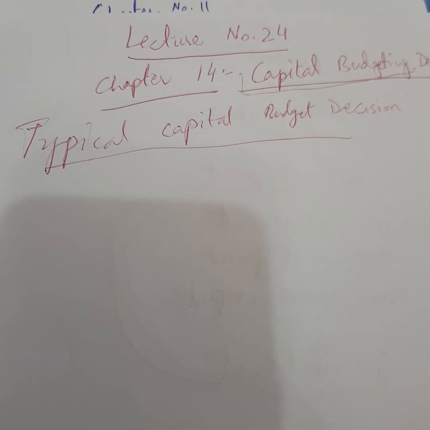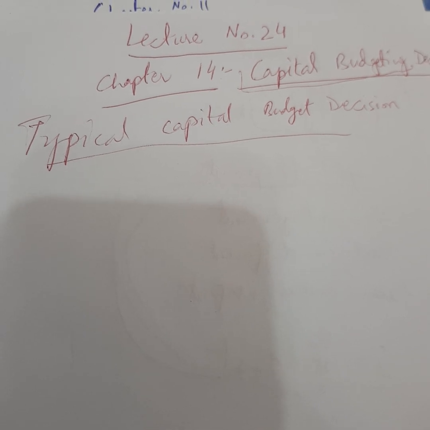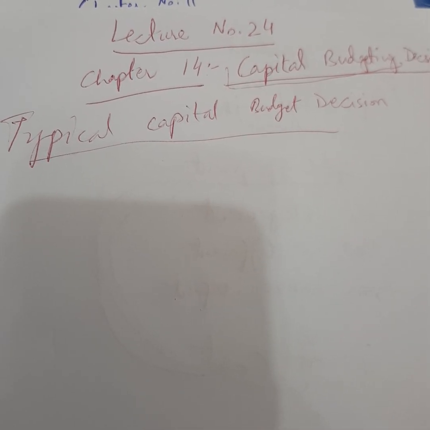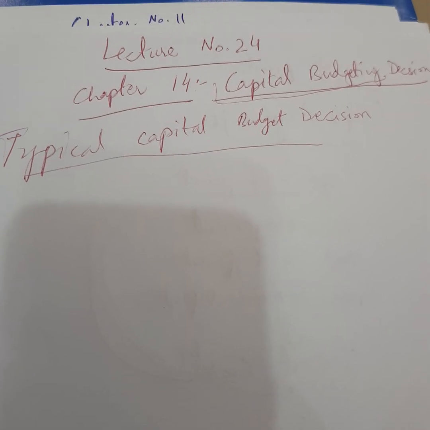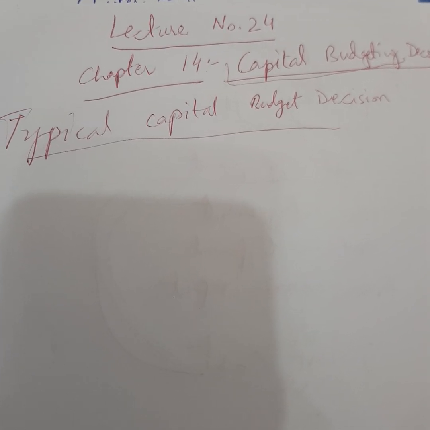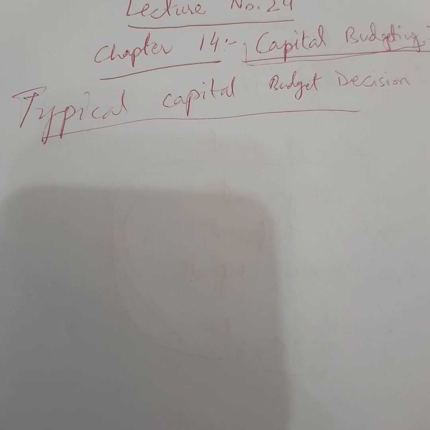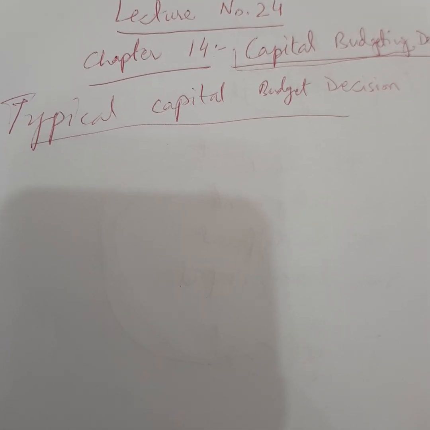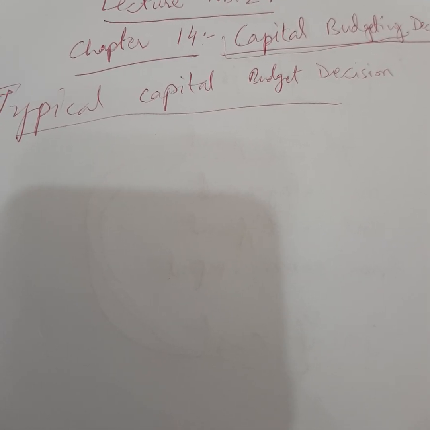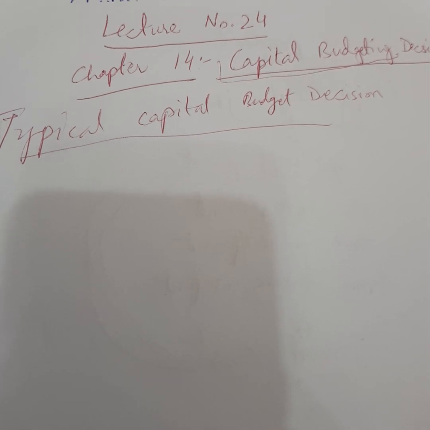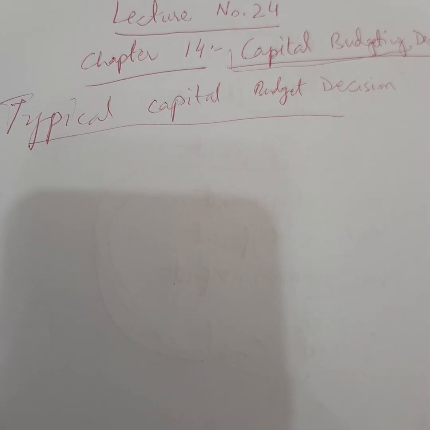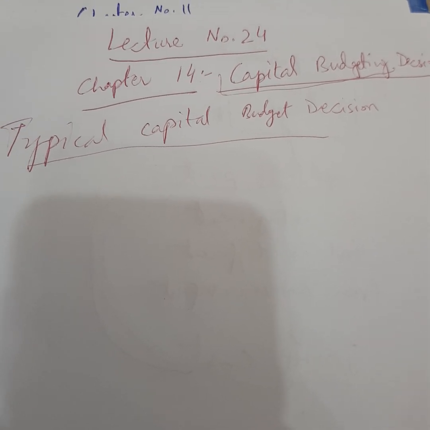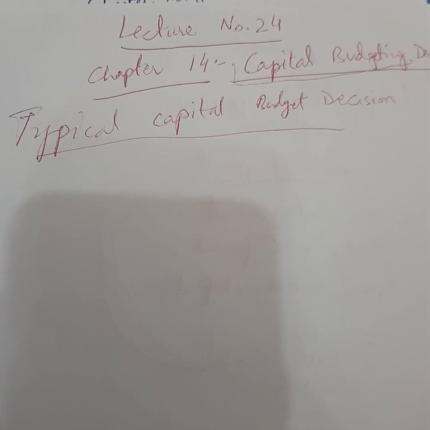The third type of decision in typical capital budgeting is the equipment selection decision. Which of several available machines should be purchased? The fourth type of typical decision is lease or buy decisions, that is whether we need to buy an equipment or acquire an equipment on lease.